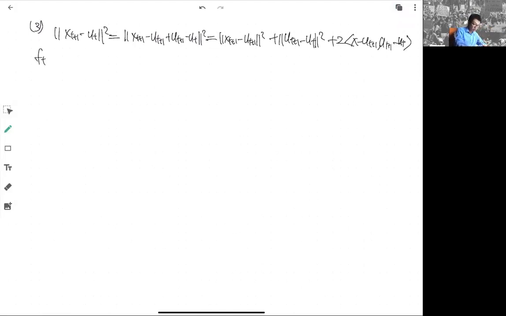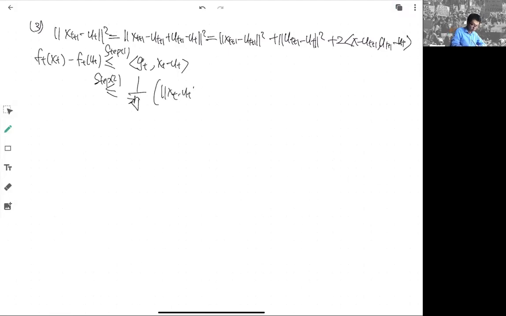So in every iteration, we can bound f_t(u_t) by using fact 1. We'll bound it with g_t times x_t minus u_t. And using fact 2, we can further bound this with 1 over 2 eta times x_t minus u_t squared plus eta g_t squared minus x_{t+1} minus u_t squared.